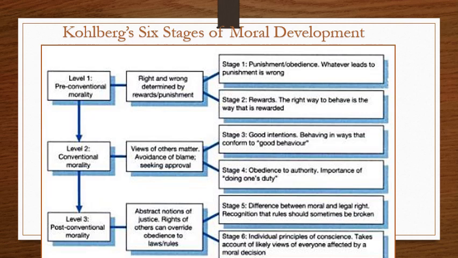Level 3 is post-conventional morality, and it involves abstract notions of justice, where the rights of others can override obedience to laws and rules. And this encompasses both stage 5 and stage 6. Stage 5, difference between moral and legal right, recognition that rules should sometimes be broken. And stage 6 is the individual principles of conscience, which takes into account the likely views of everyone affected by a moral decision.